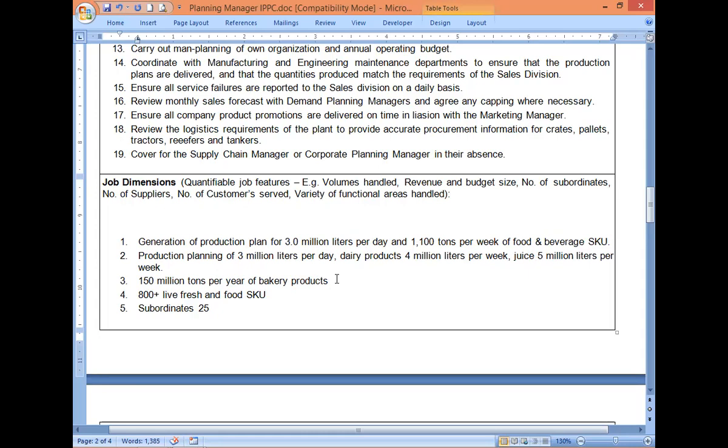So most of the large organizations always have all these kinds of products: bakery, poultry, dessert, products that belong to the food also, and also the different kinds of juices, and dairy products, milk. Sometimes they also have cheese, you know. So I just assume that these are all included in this organization.